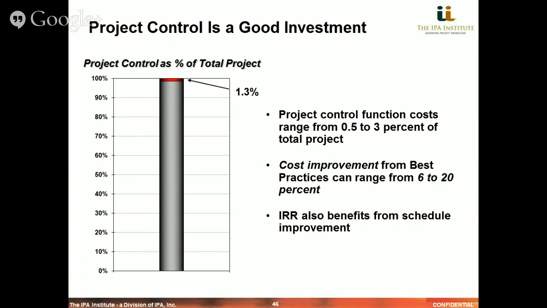So basically, the internal rate of return, or the payback on having a robust project control system, as well as the overall benefits to the project schedule and cost, is significant and well worth the investment of developing and implementing a strong project controls mechanism as reflected by the best practices we've just discussed.